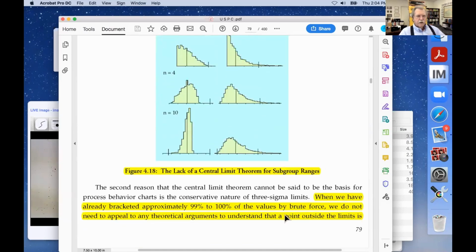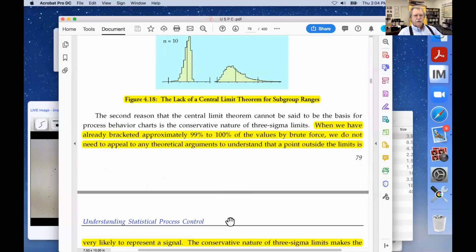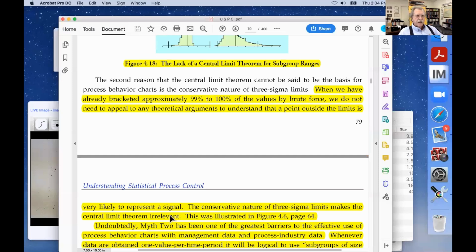When we have already bracketed approximately 99 to 100% of the values by brute force, we do not need to appeal to any theoretical arguments to understand that a point outside the limits is likely to represent a signal. The conservative nature of 3 sigma limits makes the central limit theorem irrelevant.